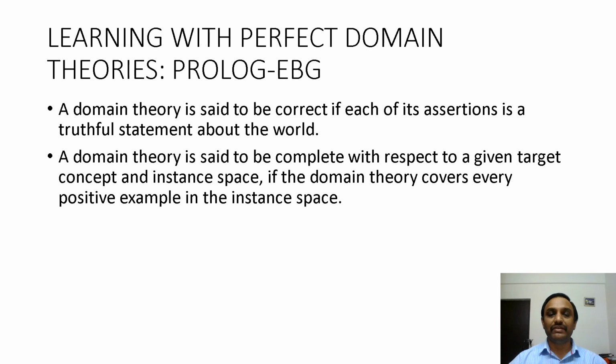A domain theory is said to be complete with respect to a given target concept and instance space if the domain theory covers every positive example in the instance space. So to develop this, your domain theory must be correct and complete.